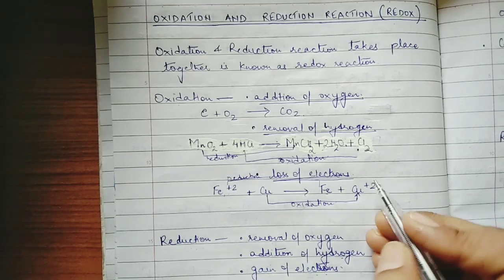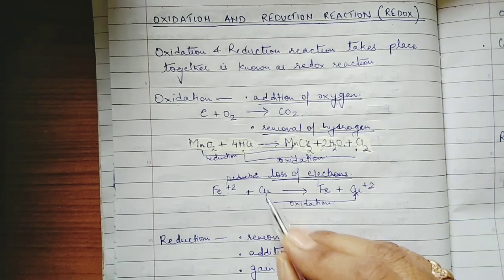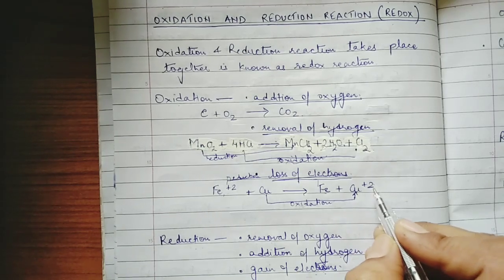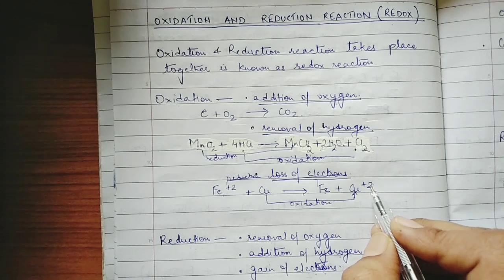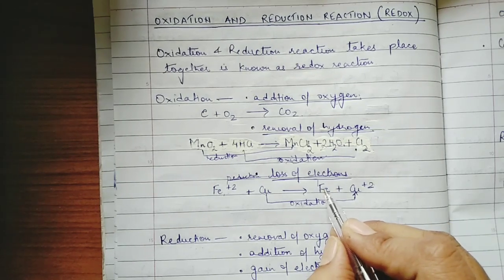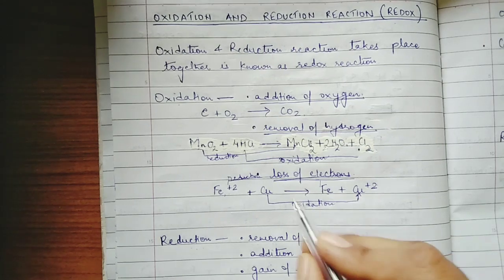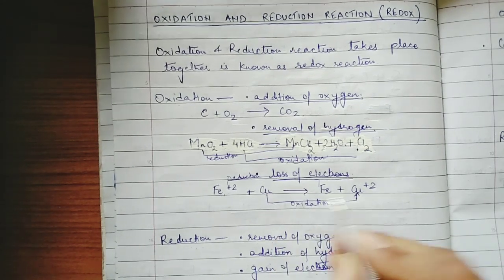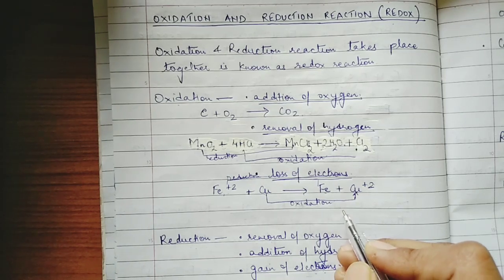We know that when an atom loses electrons, it gains a positive charge. So here copper lost the 2 electrons and gained a positive charge, and those 2 electrons went to iron. Iron gained those 2 electrons. Because copper lost the electrons, we can say that copper underwent the process of oxidation.